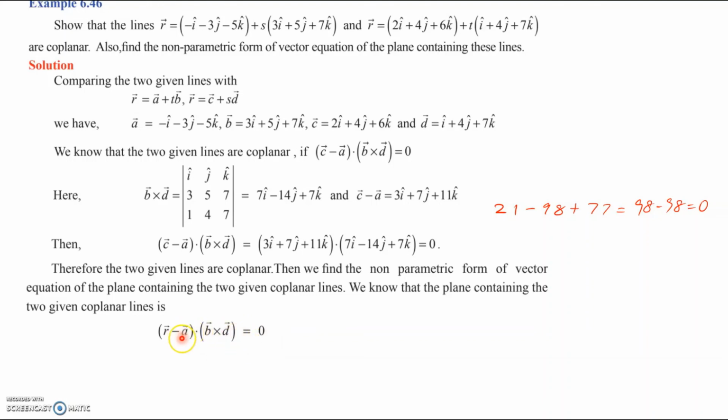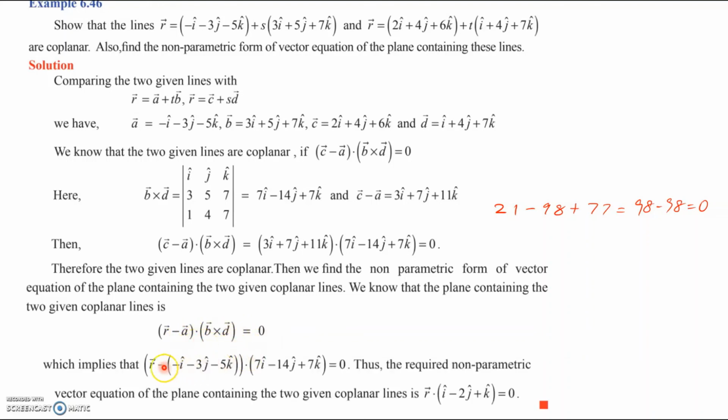Substituting for A, B and D, we get R minus, substituting for A vector here, (minus i cap minus 3j cap minus 5k cap), dot B cross D vector, which is 7i cap minus 14j cap plus 7k cap, is equal to 0.